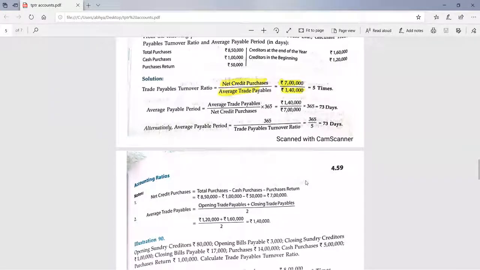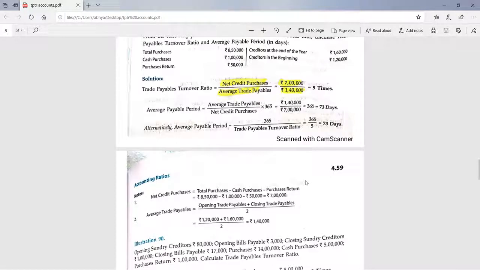Purchases 14 lakh. Cash purchases 5 lakh. Purchase return 1 lakh. Very simple question. You have to just put the values and tell me the answer.